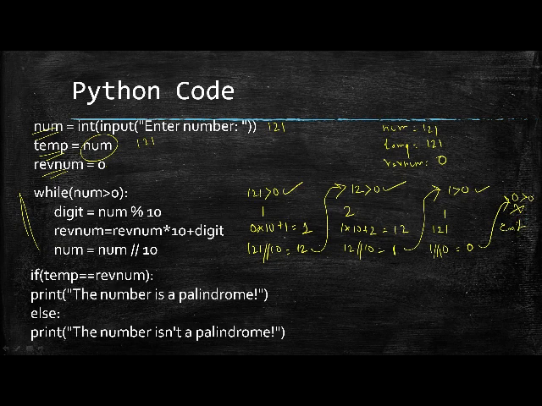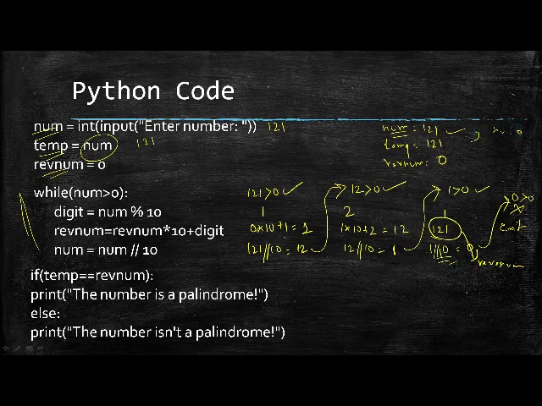So we have got the reverse number, and this is my input number. But this num, you see, has been updated each time. Currently num is equal to 0.